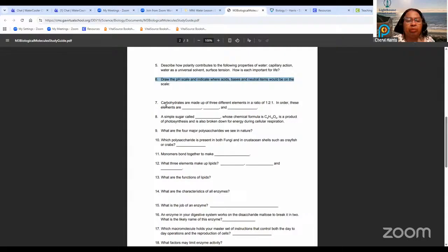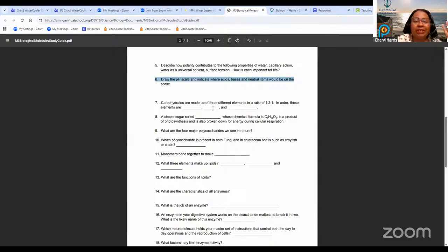All right, number 7. Carbohydrates are made up of 3 different elements in a ratio of 1 to 2 to 1. I've gotten this backwards again.